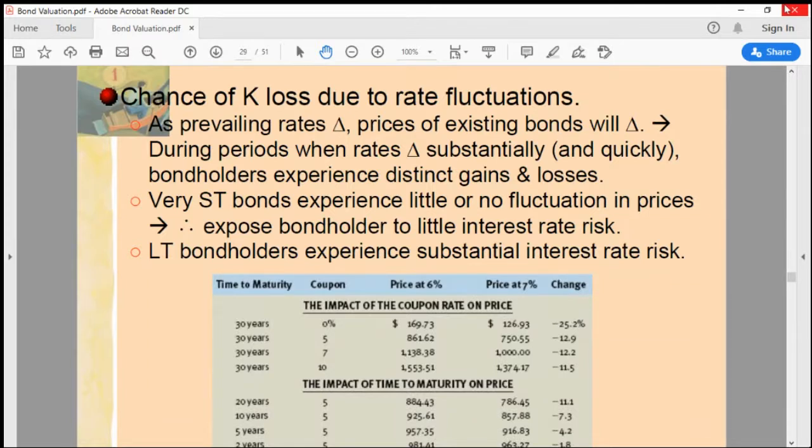Now, currently, you know, the Fed funds rate is almost close to zero again. So valuation is relatively benefiting from that.